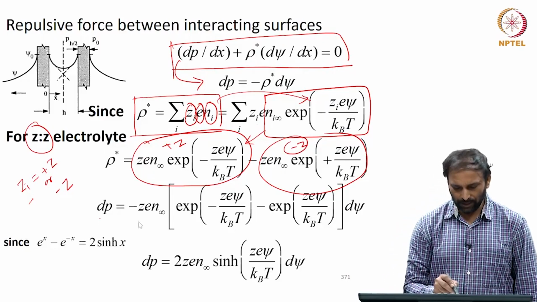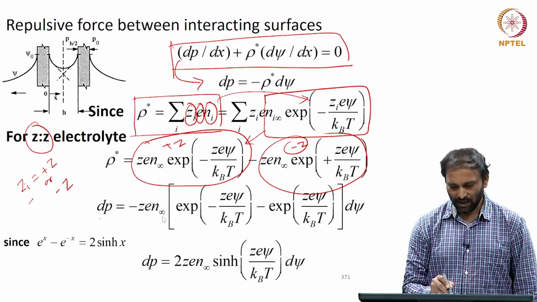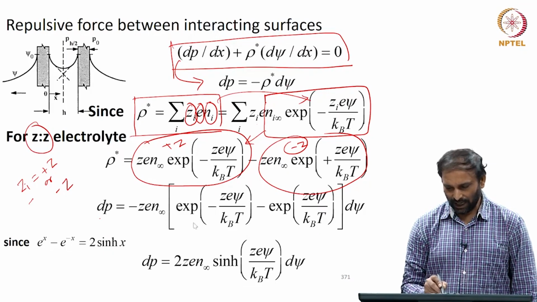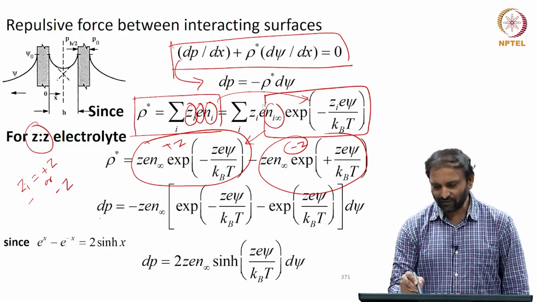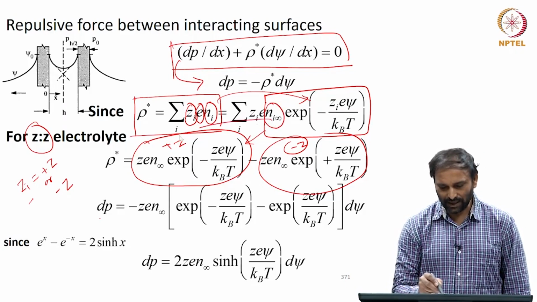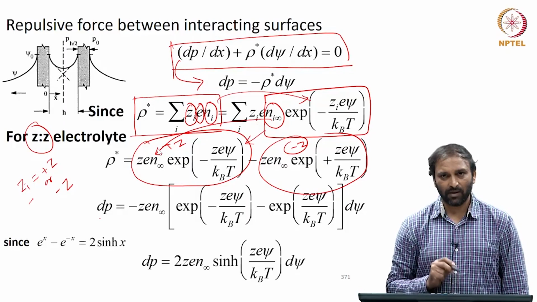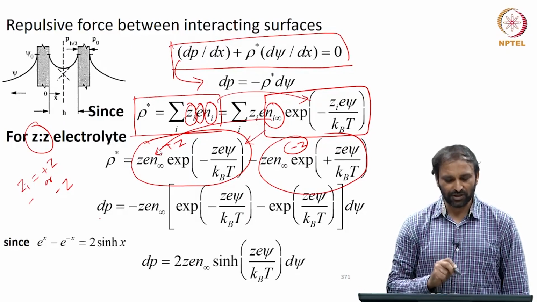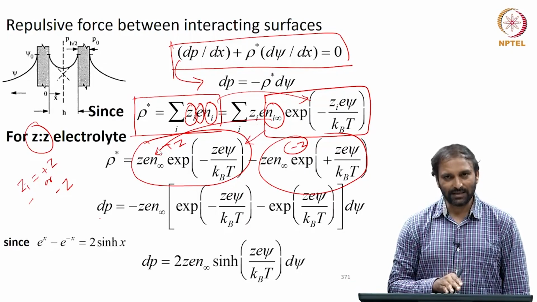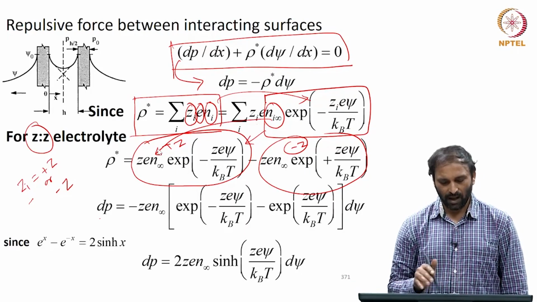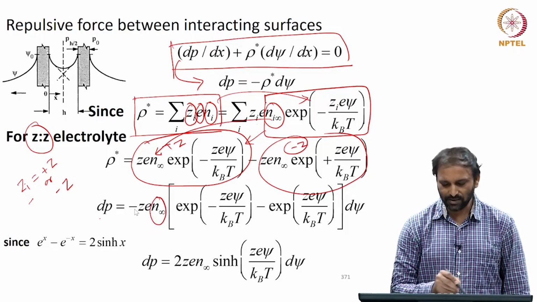Therefore, dP becomes minus Z E n infinity times, and now note that N I infinity, I am replacing that as n infinity itself, because the concentration of both the cations and the anions is exactly the same, and I can denote that as n infinity.